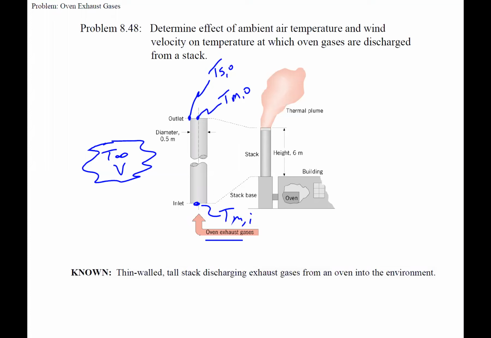All right, so let's start with what situation do we have? Do we have the constant heat flux? Do we have constant surface temperature? Or do you have a constant external fluid temperature?